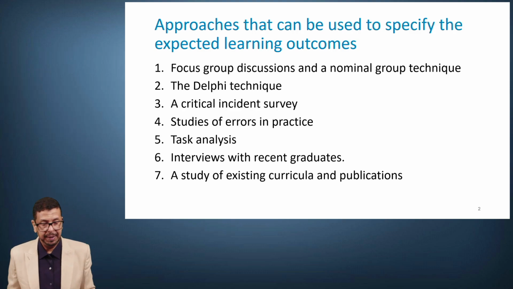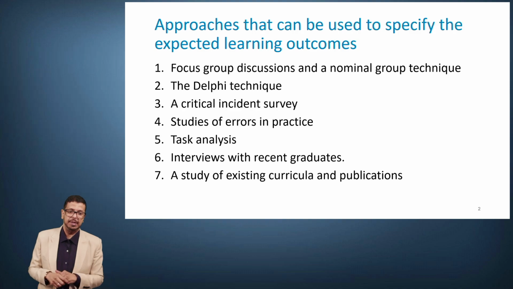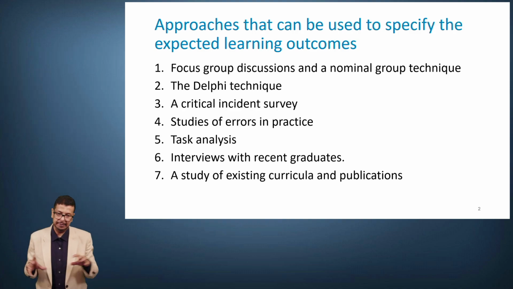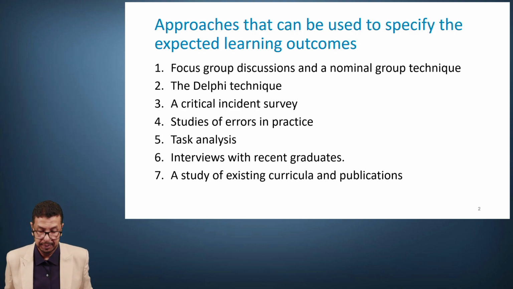Others include study of error in practice, analyzing the task, job description, interview with recent graduates, and studying or benchmarking the existing curriculum. It's part of outcome-based education, and it's the operational part of the outcome-based education at course level or program level.